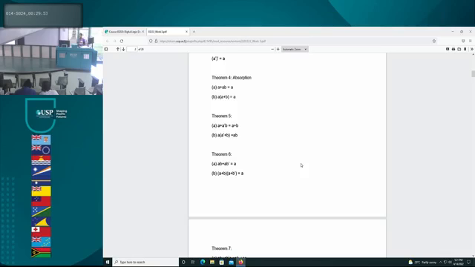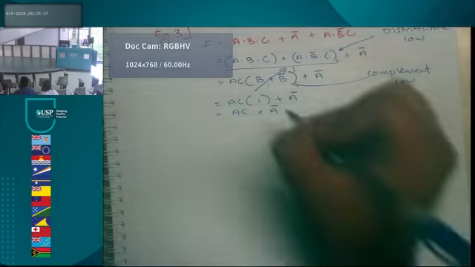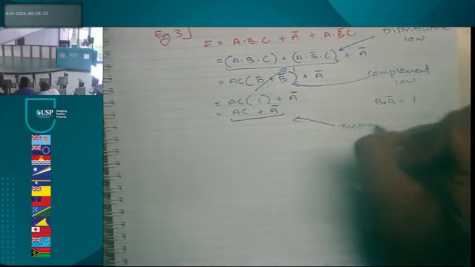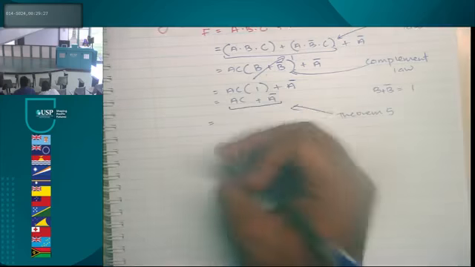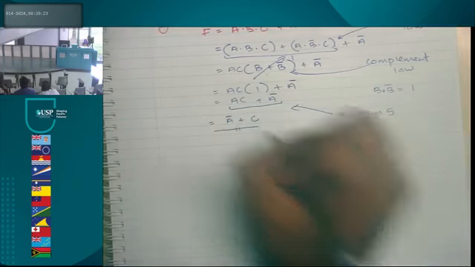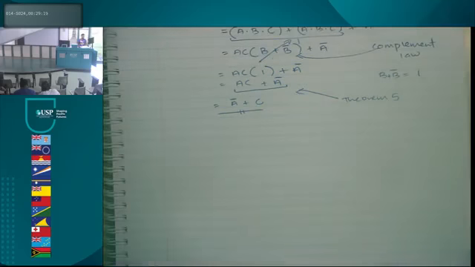So we have this same A input with our B inverse, right? So theorem 5, this will be same as A bar plus C, right? That's the final expression for this.